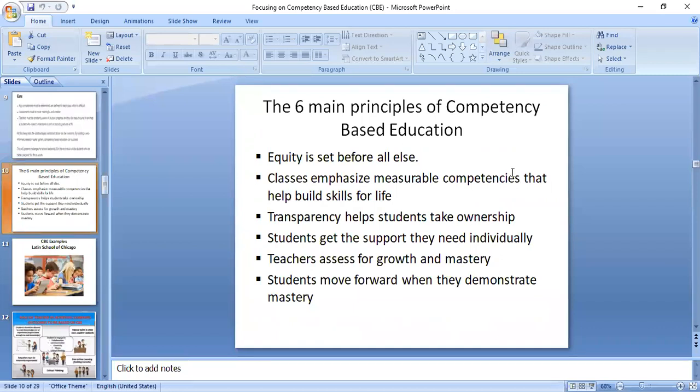Next, the 6 main principles of competency-based education. What is it? The first one is equity is set before all else. Equity does not mean giving each student the same thing as everyone else. Instead, it means giving each student what they need to reach the same end goal. This is the main principle of competency-based education because it purposely seeks to understand and remove bias in school leadership.